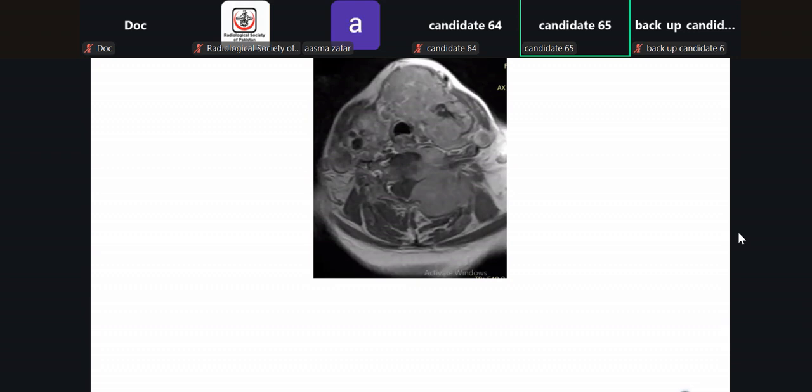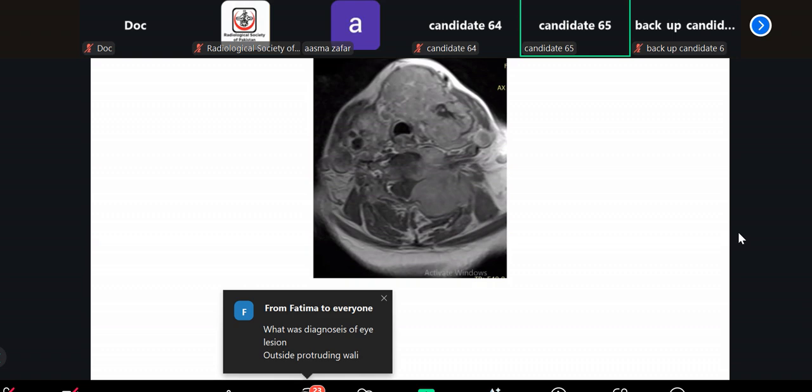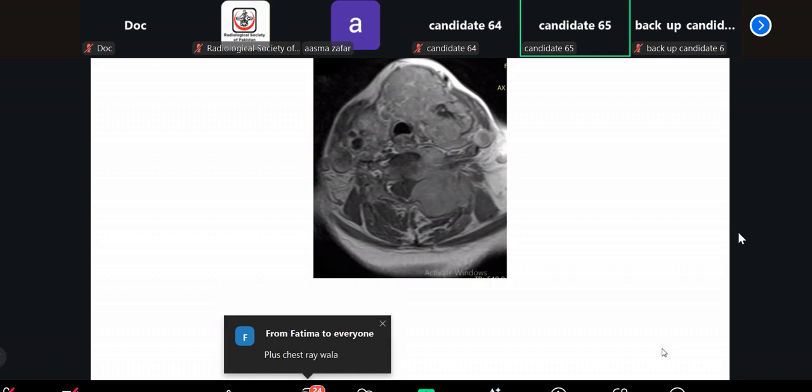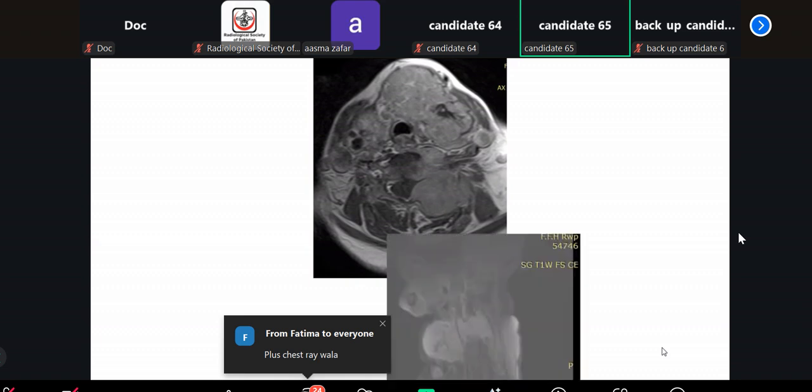On MRI image, there is a multilobulated hyperintense area in the region of the thyroid gland, which is involving both the lobes and the isthmus, with internal hypointensities.